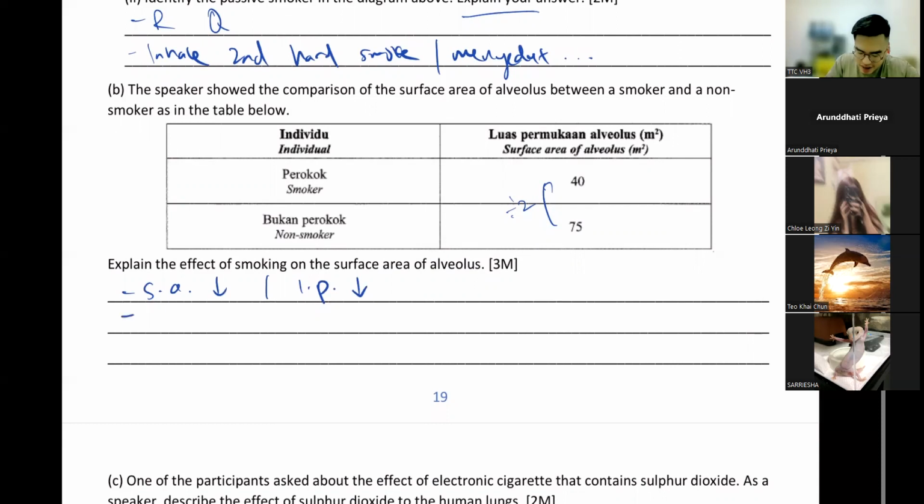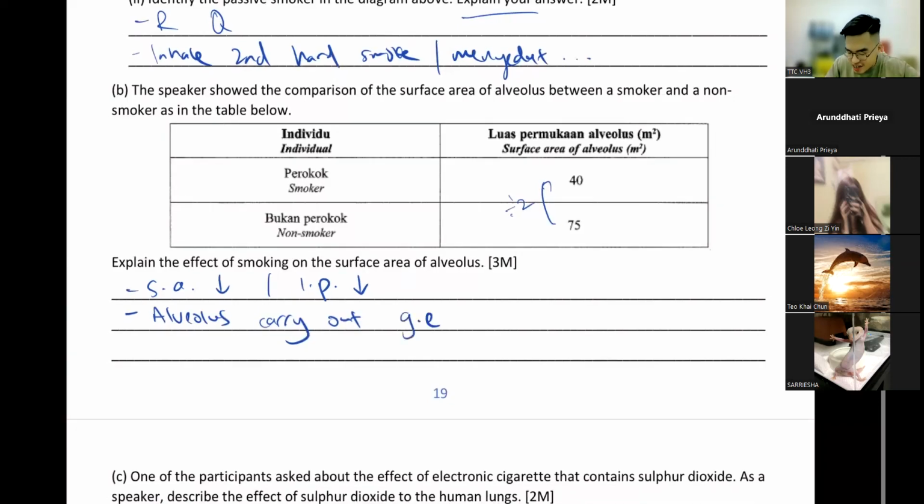Very good. I'm just going to write GE here. Gaseous exchange. Okay, so alveolus menjalankan pertukaran gas. I do gaseous exchange. So what? Now I have less surface area, right? So what happens? I now have less gaseous exchange.